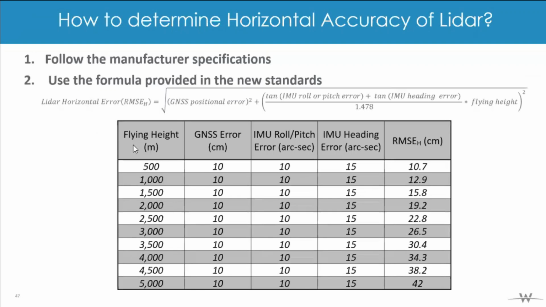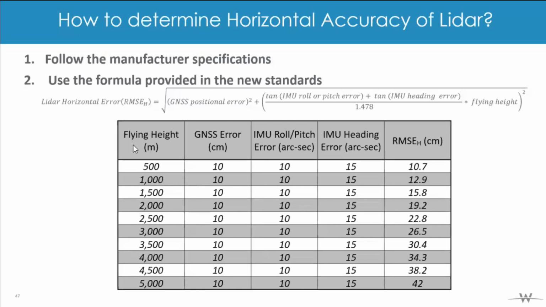All these years, since we moved to LiDAR in the last 20, 25 years, people don't focus on the horizontal accuracy of LiDAR, totally ignored. People don't know what the accuracy actually is, but I think we need to pay attention to it. So you either follow the manufacturer specification. All manufacturers, in their spreadsheet when you design a mission, give you predicted accuracy, vertical or horizontal.